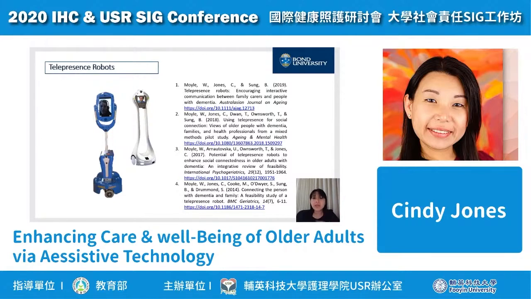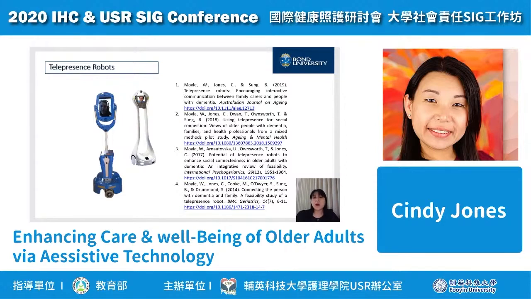However, given the newness of this technology, there are few noteworthy research papers available and also discussion on the use of such technology with older people. It's only really in recent times that you're starting to notice some research papers published on the use of telepresence robots with older people in care.